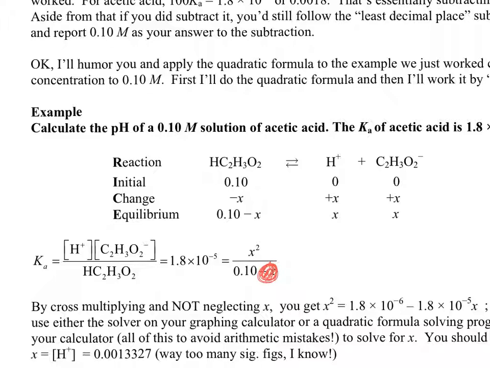Then I can solve for x. So I'm going to cross multiply, and that'll give me 1.8 times 10 to the negative 6th, which you see right here. And then I can square root that. So when I square root that, I got 1.34 times 10 to the negative 3rd.